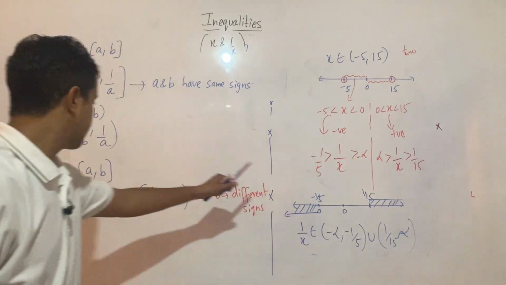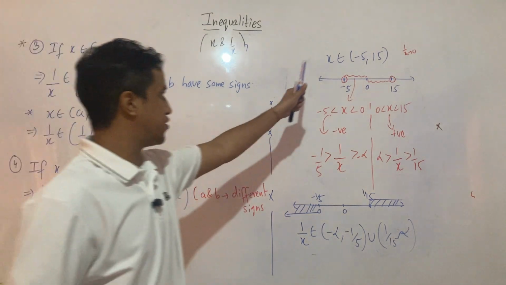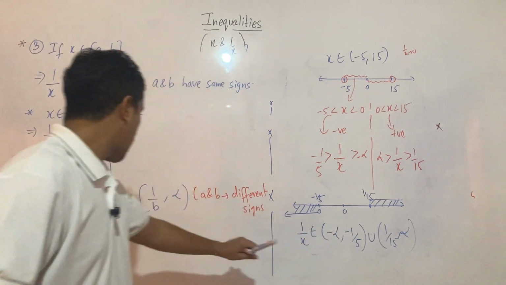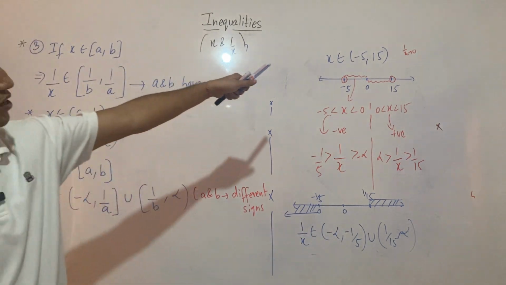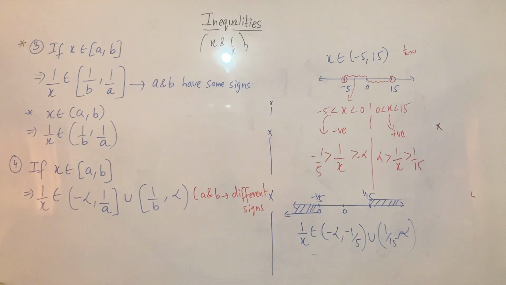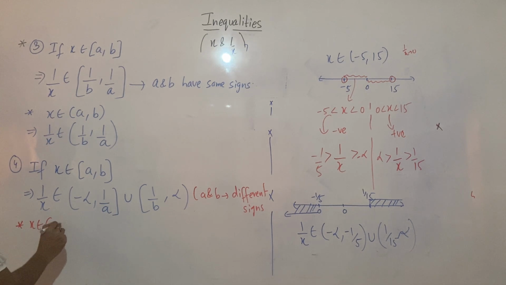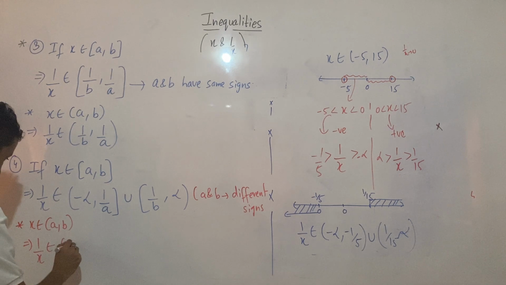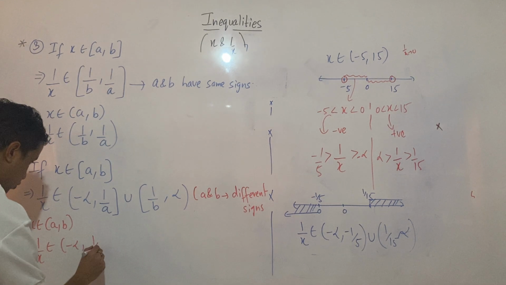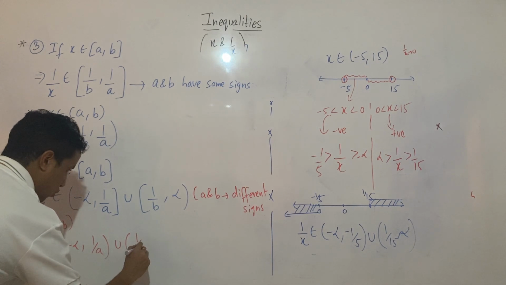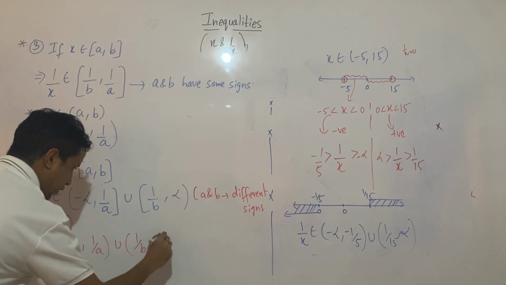Similar case. See here, a and b have different signs. Then your 1 over x is going to be minus infinity to 1 by a. So 1 by a here is minus 1 over 5. And again, the same thing: if the interval is open, then 1 over x will belong to minus infinity to 1 over a, open interval, union open interval 1 over b to infinity.